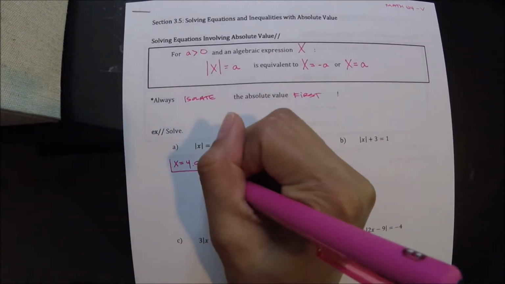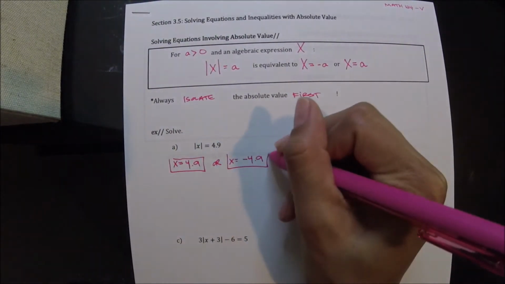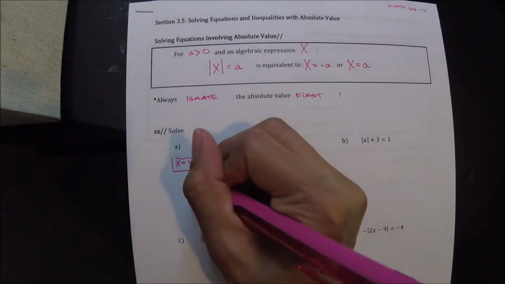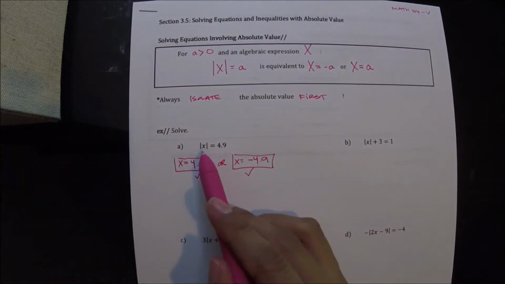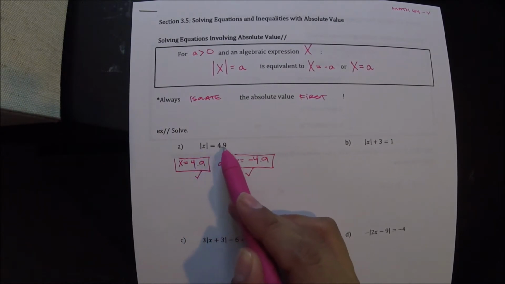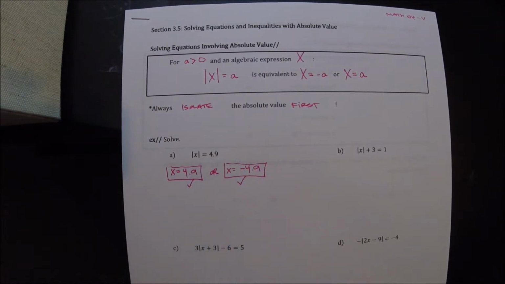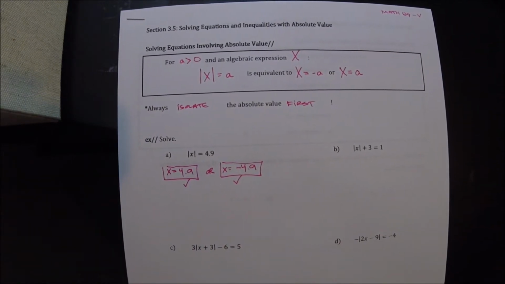And those would be our two solutions. If you plug them back into the original, it makes the whole equation true because the absolute value of 4.9 is 4.9 and the absolute value of negative 4.9 is 4.9. So they're both good solutions.